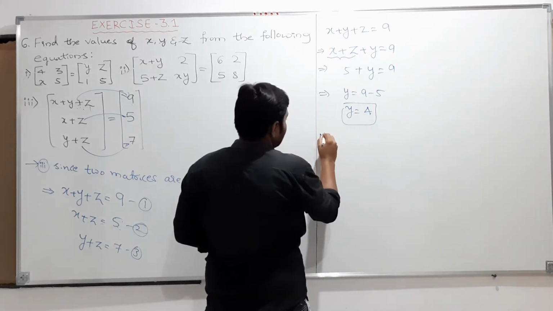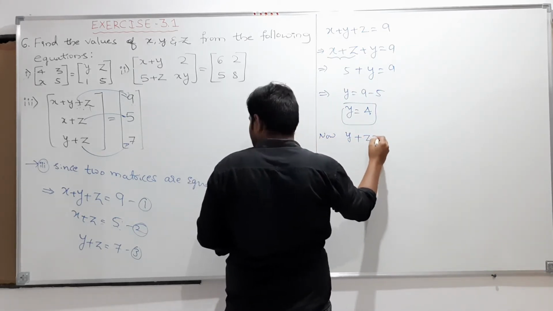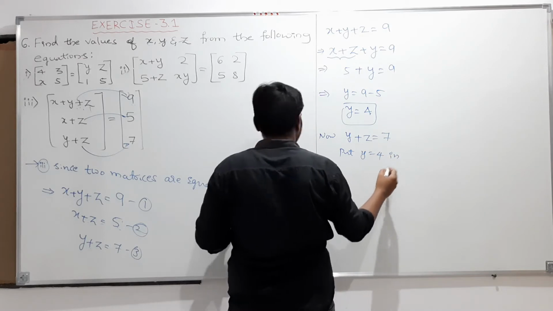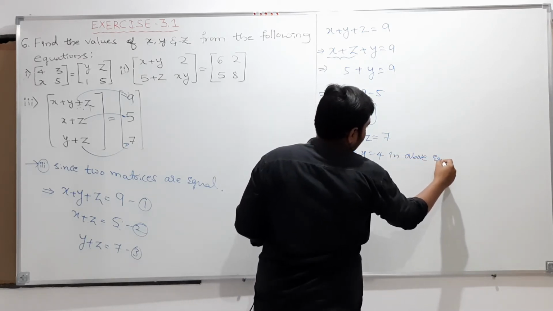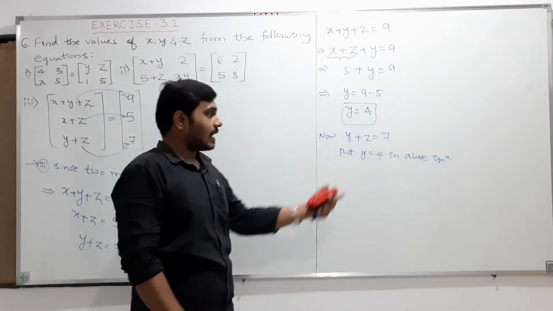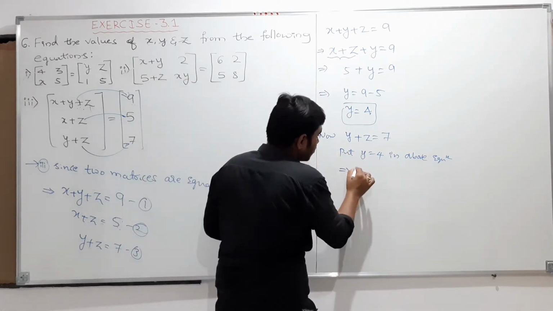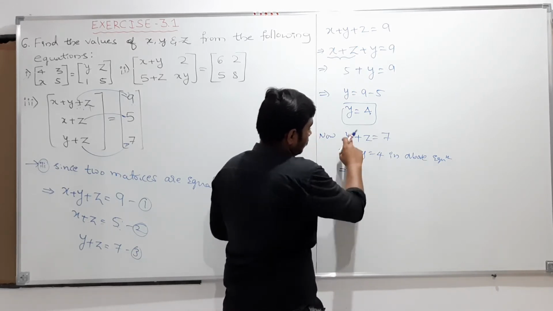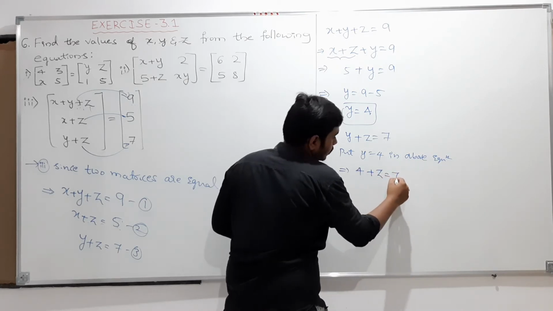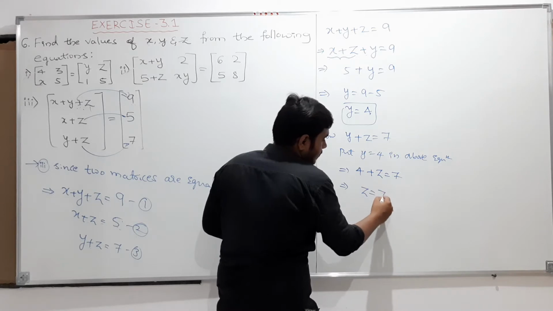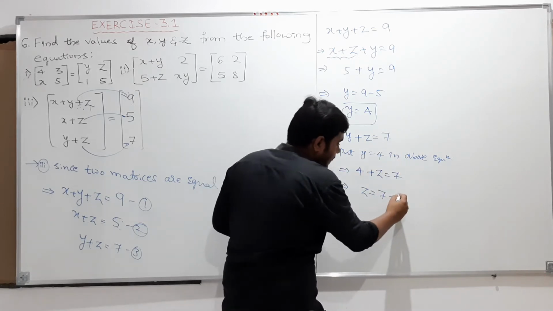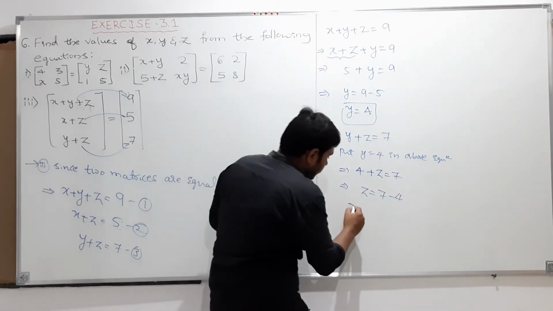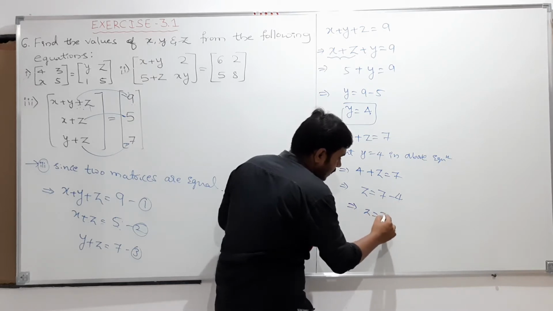So 4 plus z is equal to 7, and z is equal to 7 minus 4, since shifting 4 to that side makes it minus 4. So z is equal to 3.